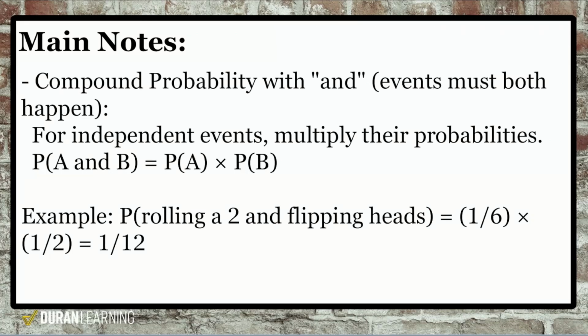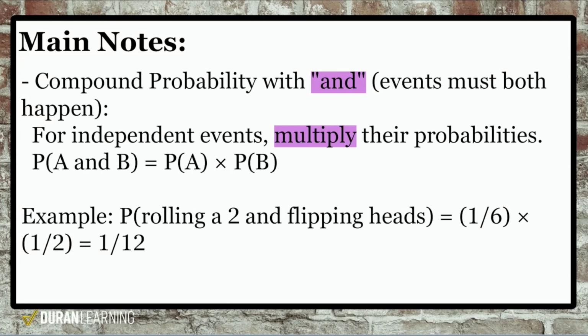If we're trying to find 2 things happening at the same time, we multiply the probabilities. One important highlight to make your life easier is the word and. When it comes to probability, we associate the word and with multiplication.